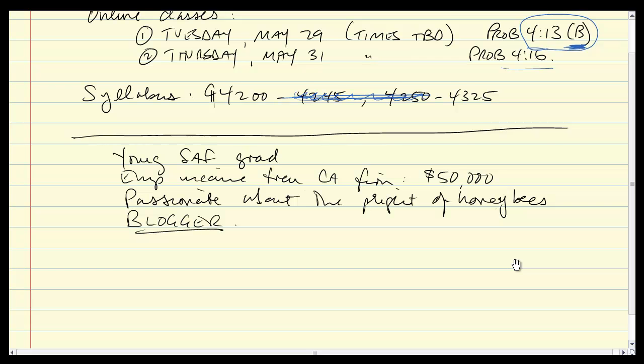There are some costs, obviously, in time, but other things. So his expenses for running this blog about the plight of honeybees: he has to buy a computer, obviously, because he needs a good computer, and he can't deduct the whole thing. But we'll just say that he buys a $2,000 computer and can deduct 30% of that this year.